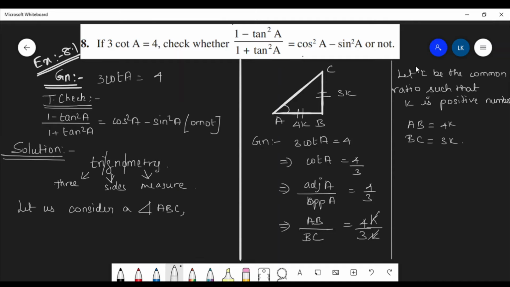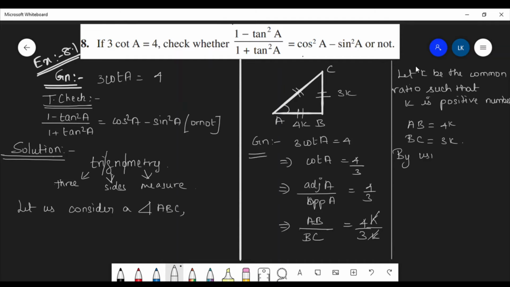We have to find the hypotenuse side. The basic notion of trigonometry is to measure three sides of the triangle. Two sides we have found using the given hint, 3 cot A is equal to 4, and the third side we are going to find by using the Pythagoras theorem.